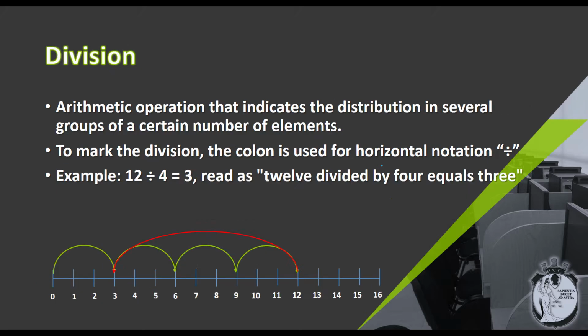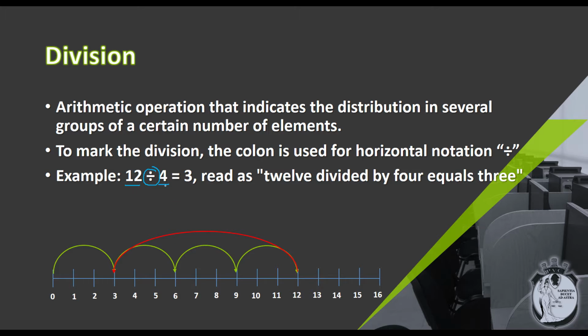Okay, the division. It's an arithmetic operation that indicates the distribution in several groups. It's a very basic operation, but in that case you need to distribute. For example, here 12 divided by 4.